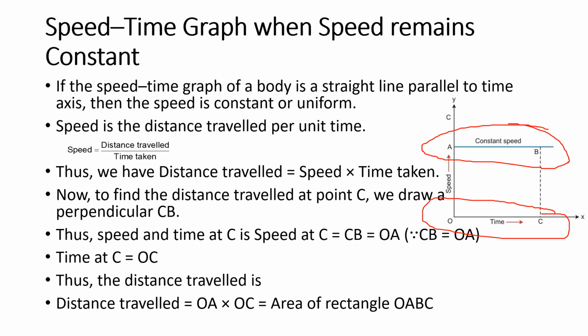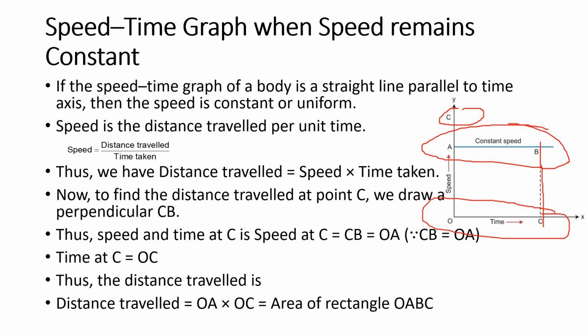Now, to find the distance traveled at point C, we draw a perpendicular CB. Thus, speed and time at C: speed at C is equal to CB, which is equal to OA, since CB is equal to OA.